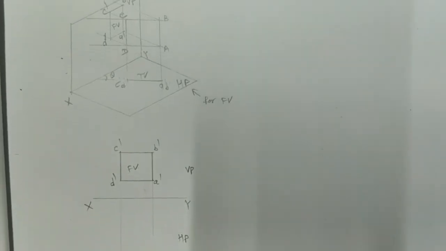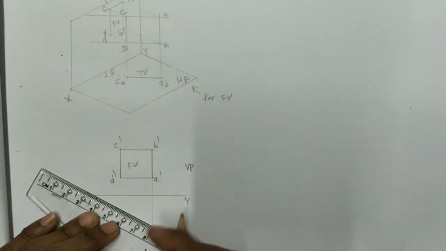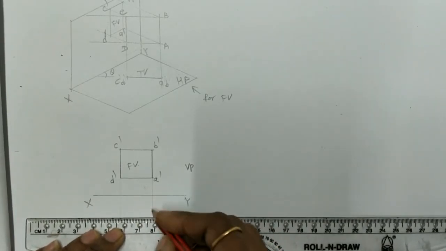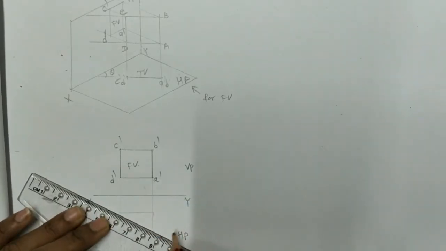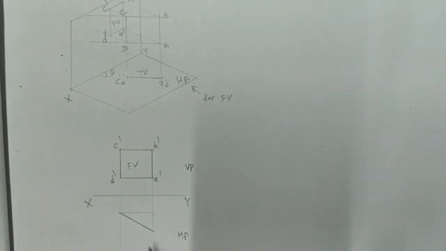Now for drawing top view, which is an inclined line, I will take any inclination angle. So for this I will draw a horizontal line, and then this is the line having inclination angle theta.